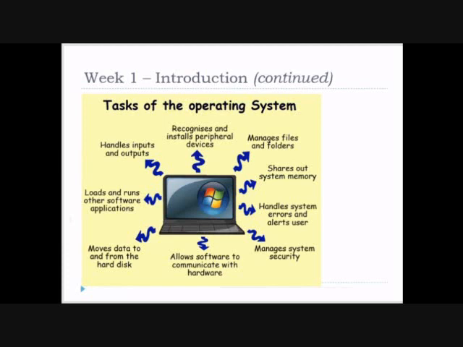We're going to understand how it moves data to and from the hard disk, and that it loads and runs other software applications. And last but certainly not least, it handles inputs and outputs. All of these items are the tasks of pretty much every operating system, and we're going to focus on different tasks of the operating systems as the weeks proceed in this class.